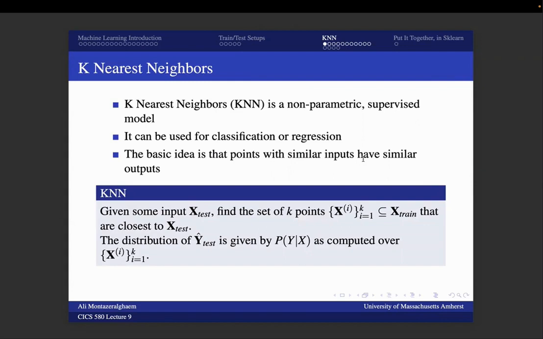This algorithm can be used for classification and regression, which means it can predict labels or real values for each data point. The basic idea is that similar data points should have similar output.